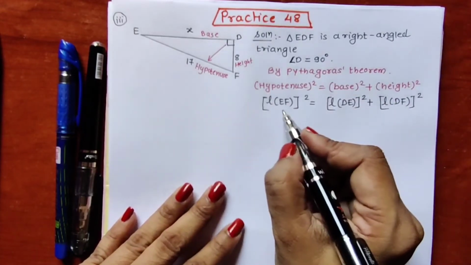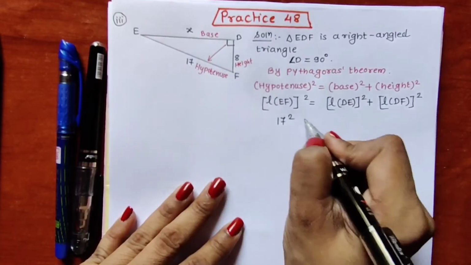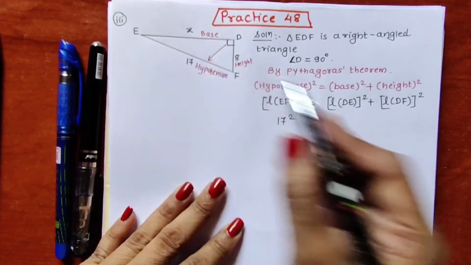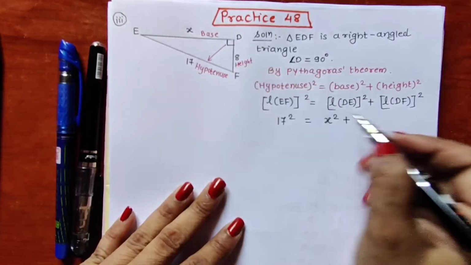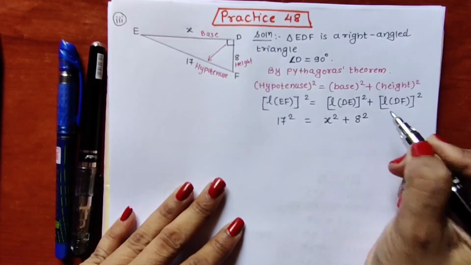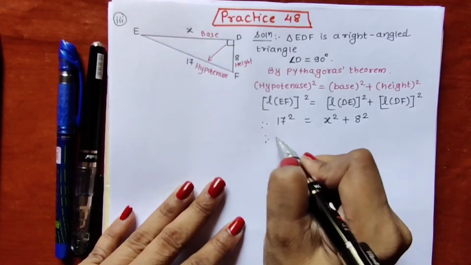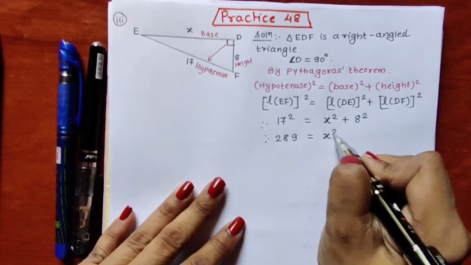Now see EF value is 17. So I write 17 square is equal to DE value we have to find out, that is x. So we write x square plus DF is 8. So we write 8 square. Now 17 square, we all know it is 289 is equal to x square as it is, and 8 square is 64.